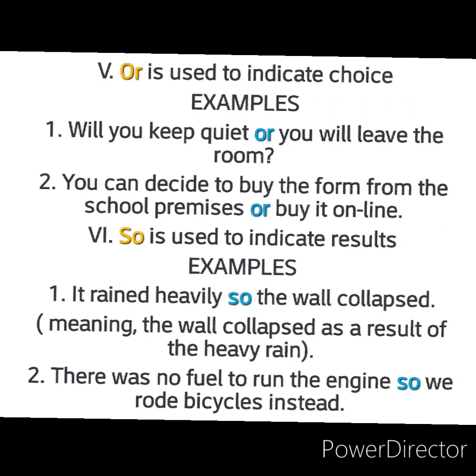That is "or". We said that "or" is used to indicate choice. So whenever you see "or" in a sentence or in any given item, it means that you are to decide what to go for. So let's look at examples.